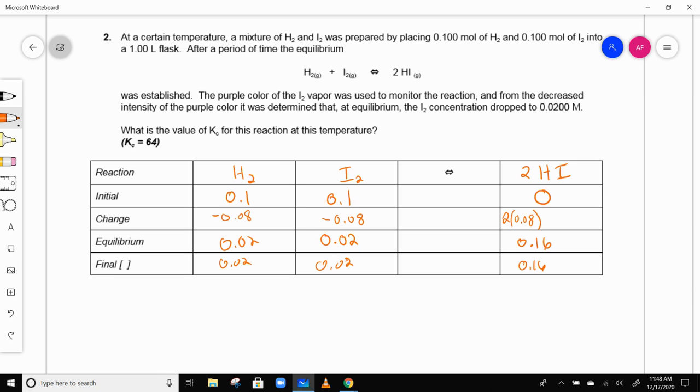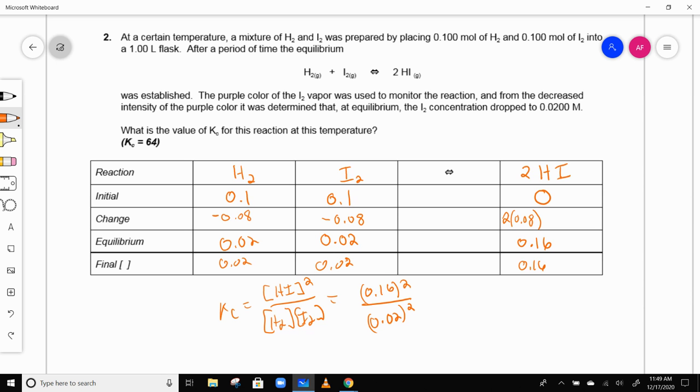Okay, and then we just plug it into our equilibrium expression. So Kc equals the concentration of HI to the second over the concentration of H2 times the concentration of I2. That's equal to 0.16 squared over 0.02 squared, basically.